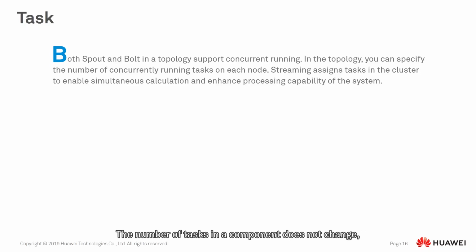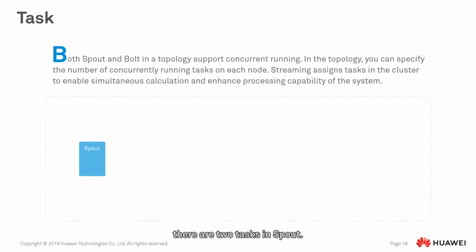The number of tasks in a component does not change, but the number of executors changes. When the number of tasks is larger than that of executors, the number of executors indicates the actual concurrency. The concurrency of a spout or bolt is the number of tasks in the spout or bolt.